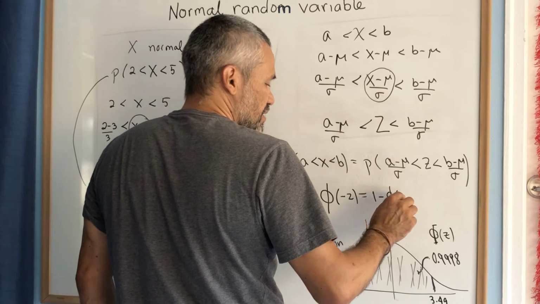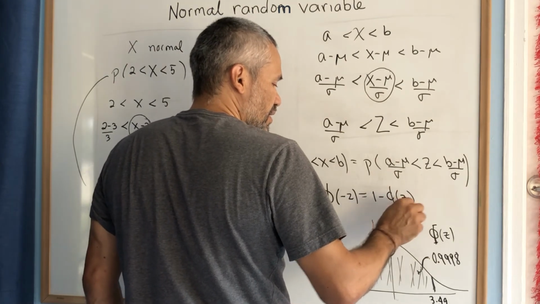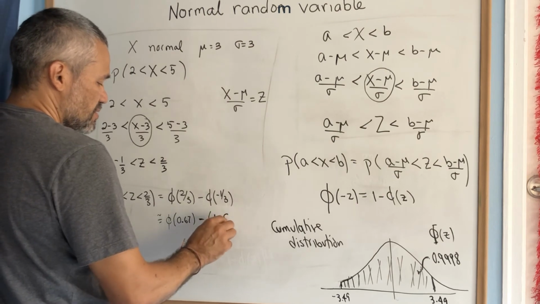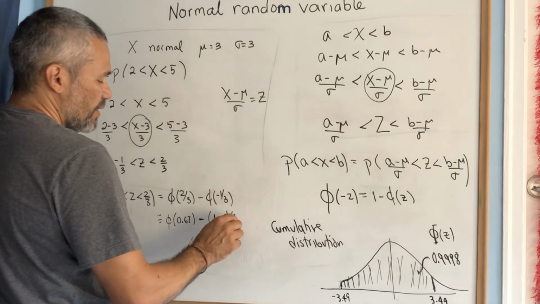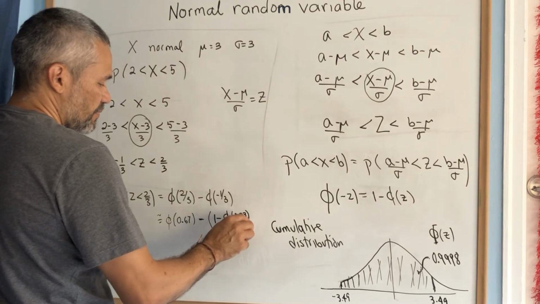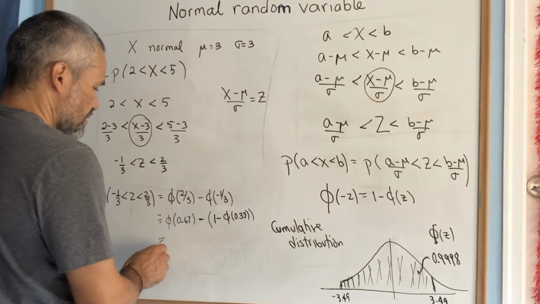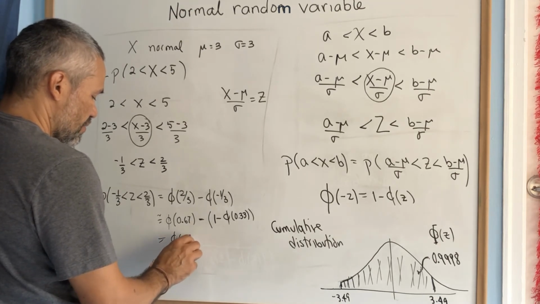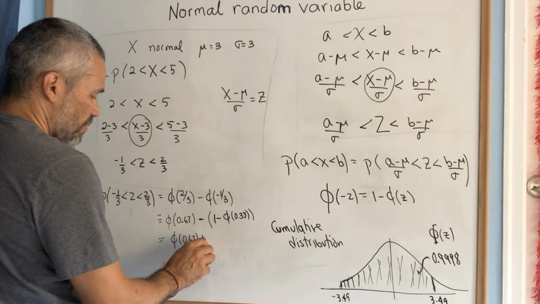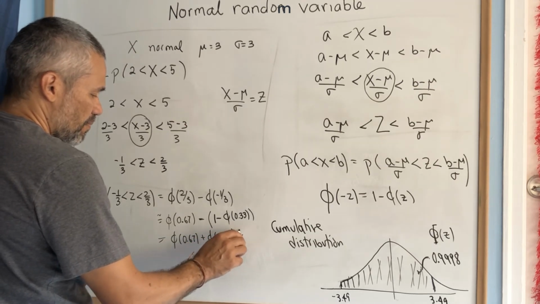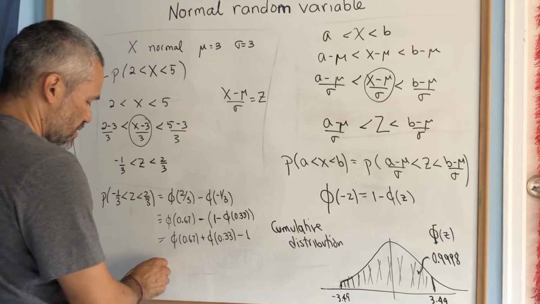It's just 1 minus C of C. Then this is just 1 minus the cumulative function evaluated at 0.33. And then this is the cumulative function at 0.67 plus the cumulative function at 0.33 minus 1.